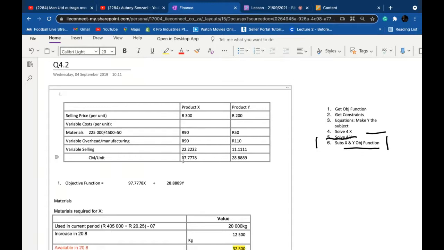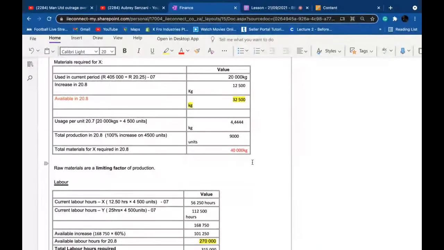You need to establish what our constraints, our limitations, are. Do we have unlimited materials, or is there a constraint? We only have so many kgs. How do you know something is a constraint? Basically, they'll tell you what's available. We only have 32,500 kgs of material. But how much do we actually need? For product A, we need 20,000.